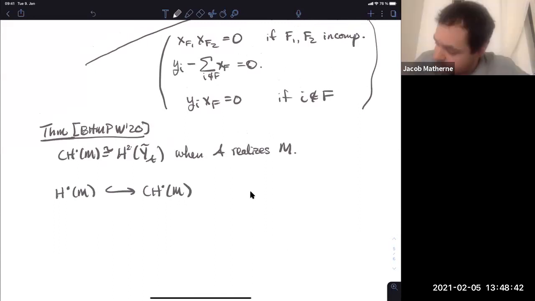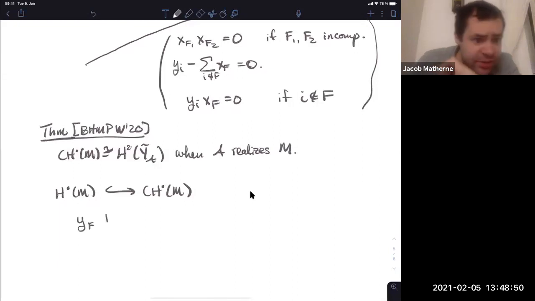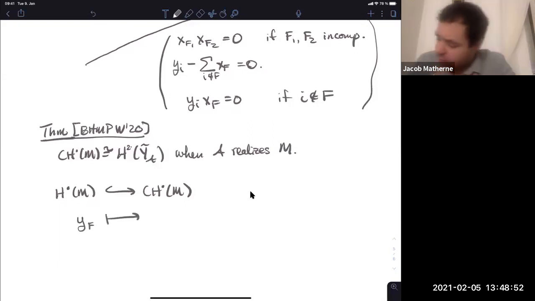So I can take one of these y_F's, these generators here, and I can send it, here's the map, to a product of y_i's where I take all the i's in a basis of F. And it doesn't matter what basis you choose.